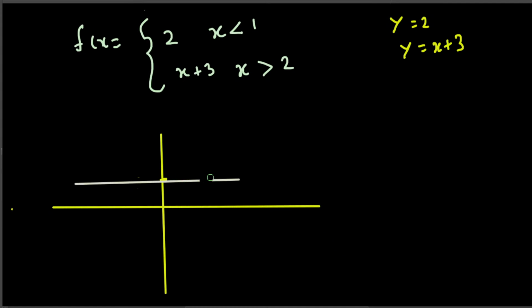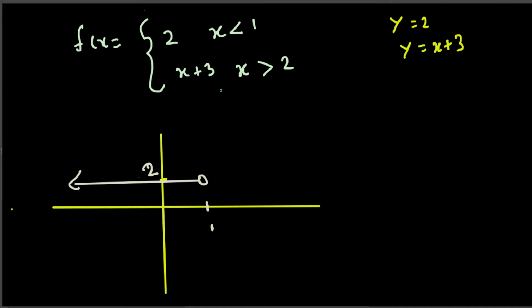Stop at 1, and that's an open circle, and this is 1, and it goes to infinity, and this is happening when y is equal to 2. Okay, and x plus 3 is happening when y is greater than 2.